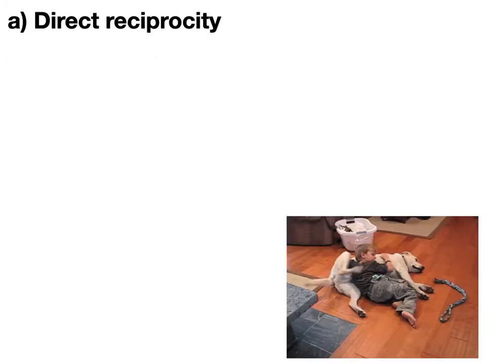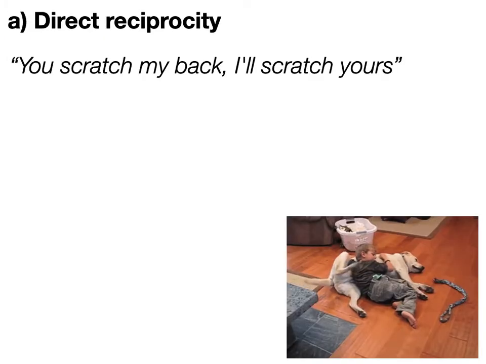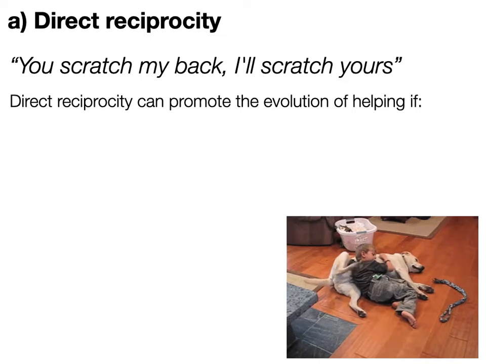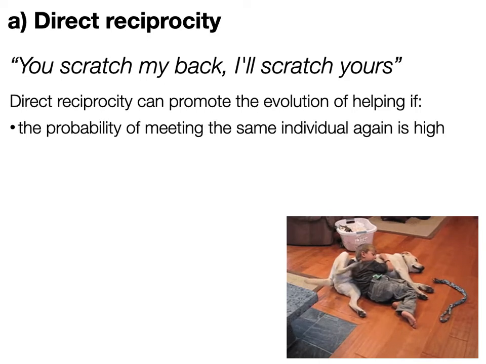We'll start with direct reciprocity. And so, of course, this should be really familiar to everybody. Direct reciprocity is just, you scratch my back, I'll scratch yours. Direct reciprocity can promote the evolution of helping if you're in a social system where it's highly likely that you'll meet the same individual again.